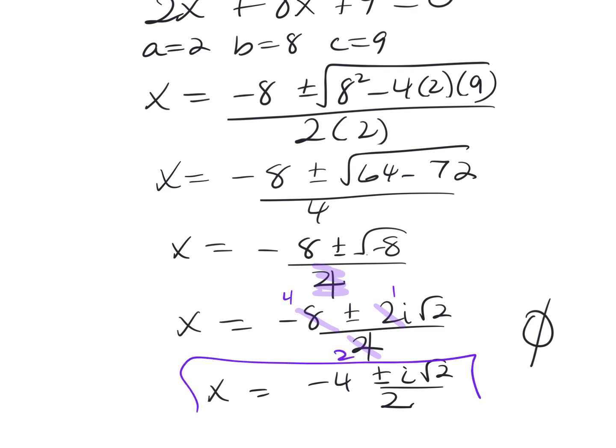And then you can see that it's got an imaginary solution. So for WebAssign, there are no real solutions. But if it were an SAT asking for all solutions, then you'd have to keep going and plug in these imaginary x values to get the corresponding y values. Try number 8.